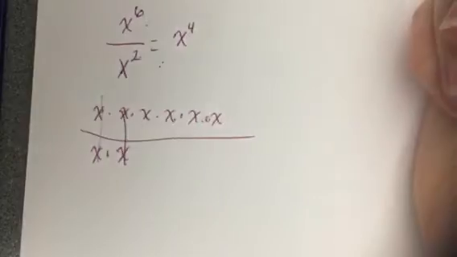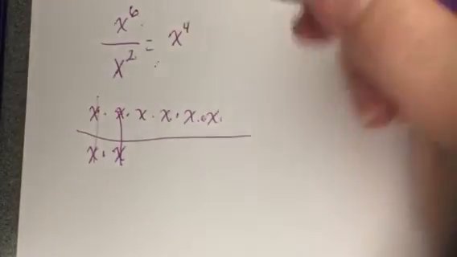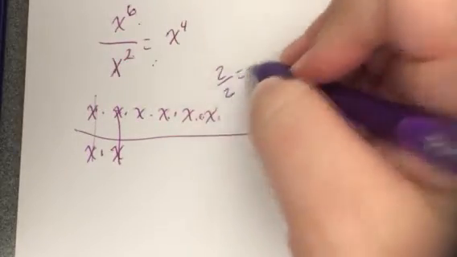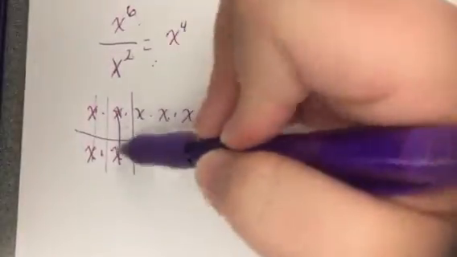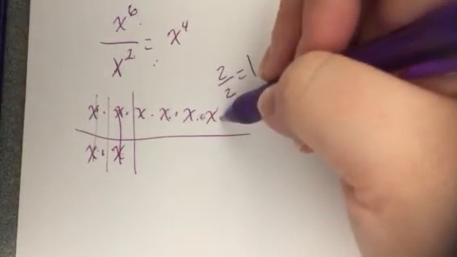So again, x over x, 1. And then you're left with how many x's on top? 4. Okay? This is just a simple rule of fractions. If you have 2 over 2, what does that equal? It equals 1. So if you look at it individually here, x over x is 1, x over x is 1. And you're left with x to the 4th on top.